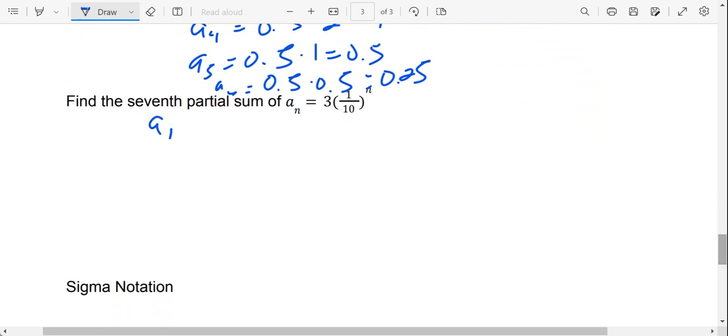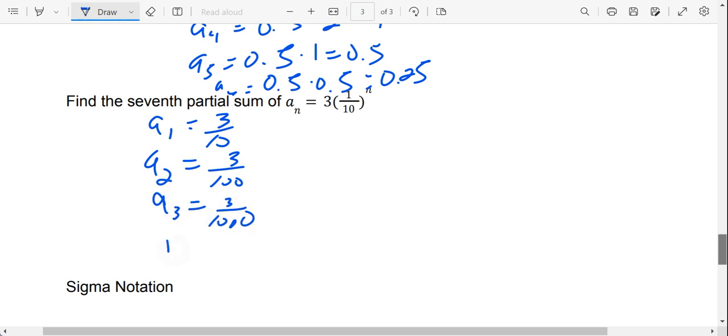All right, and then down here we have the seventh partial sum. If I put 1 into this, 1 over 10 to the 1 power is going to be 1 over 10, so we're going to get 3 over 10. A sub 2, put 2 in, you're going to get 1 over 100 times 3, which is 3 over 100. I'm just going to keep adding zeros here. A sub 4, we'll get 3 over 10,000.